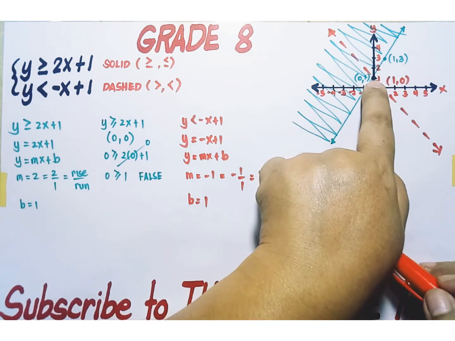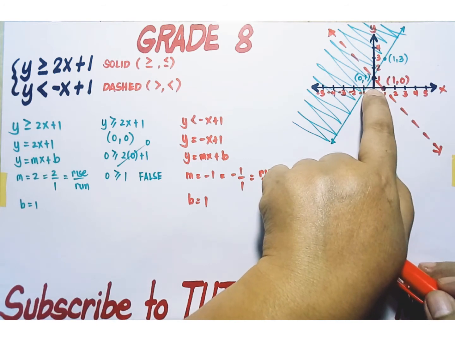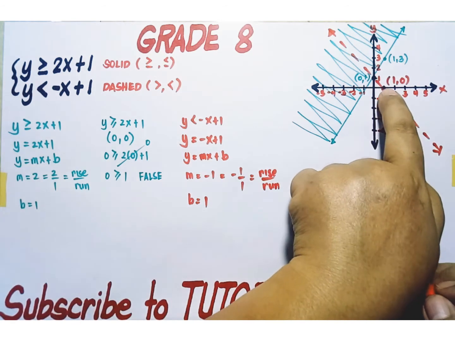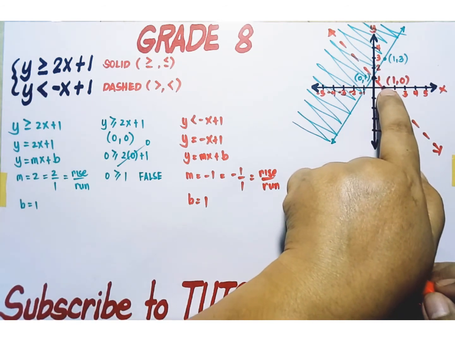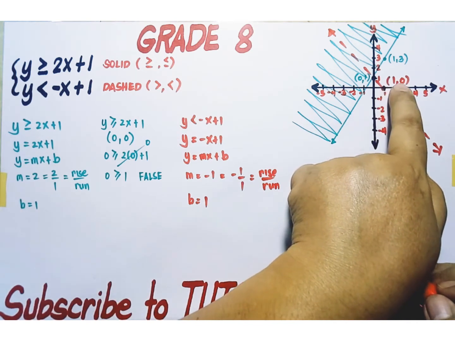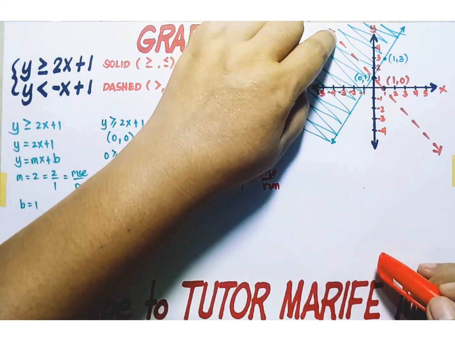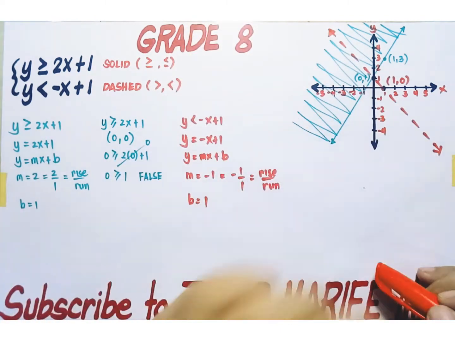So from this point, we move vertically 1 unit downward and move horizontally 1 unit to the right. This is the second point of our dashed boundary line. Its coordinates are 1, 0. Draw a line passing through the 2 points. This is now our dashed boundary line.